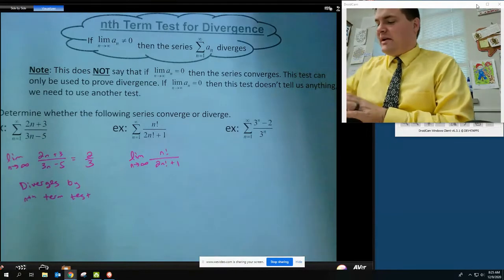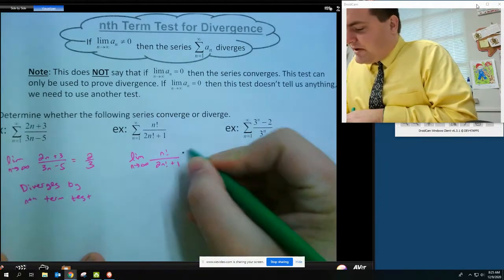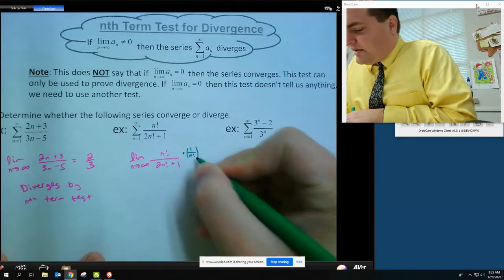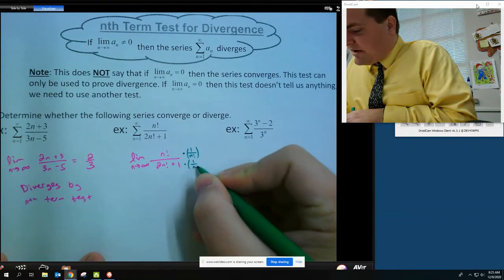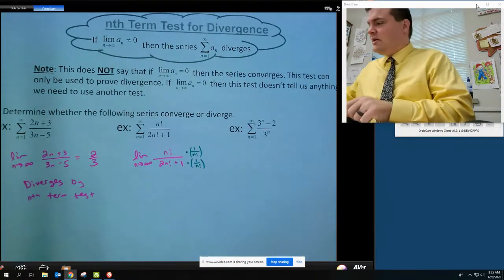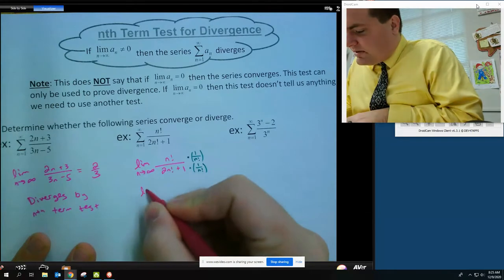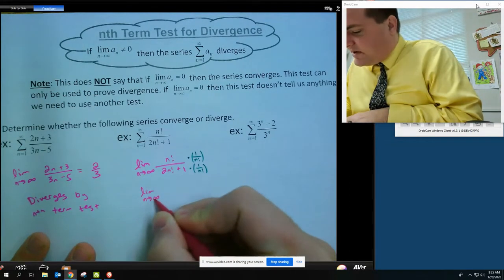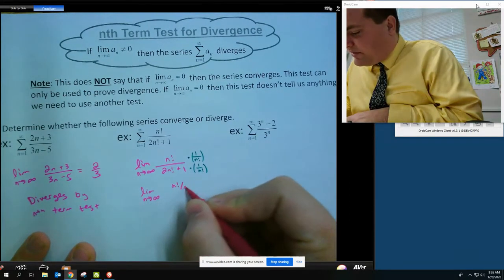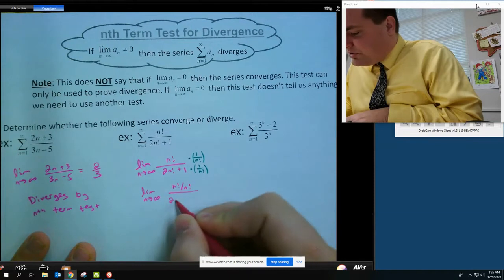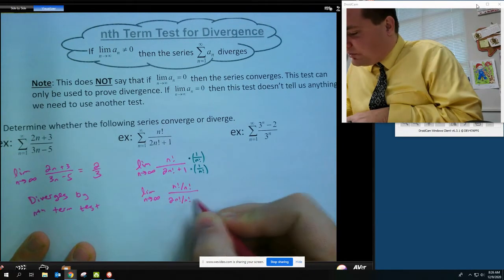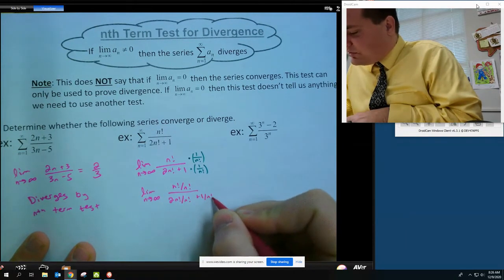I will show you the work behind it. If you multiply this by 1 over the highest rate, you're multiplying on top and bottom. That will take care of this, because that's going to give me the limit as n approaches infinity of n factorial over n factorial, all over 2n factorial divided by n factorial plus 1 over n factorial.